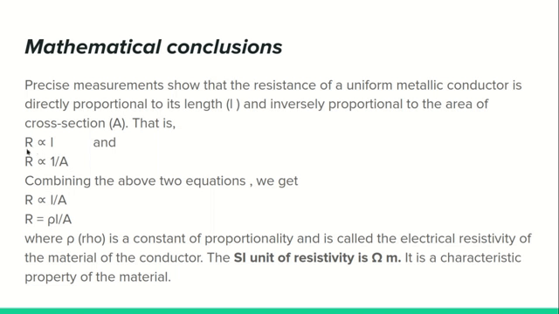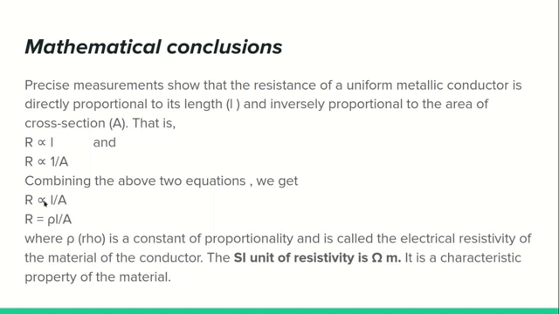So, R is directly proportional to L. Similarly, if the area of cross section increases, the resistance decreases. That is, R is inversely proportional to the area of cross section. Now, if we combine these two, you get R is proportional to L by A.